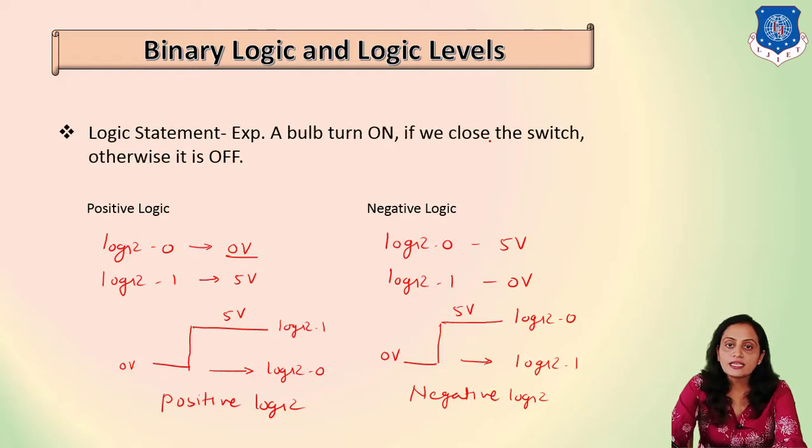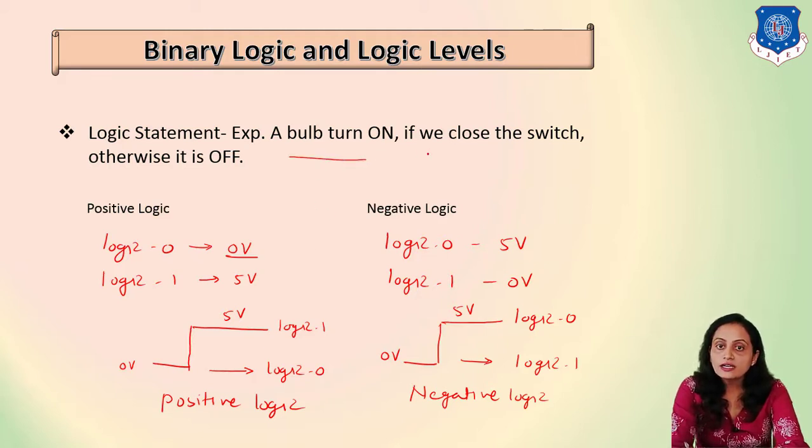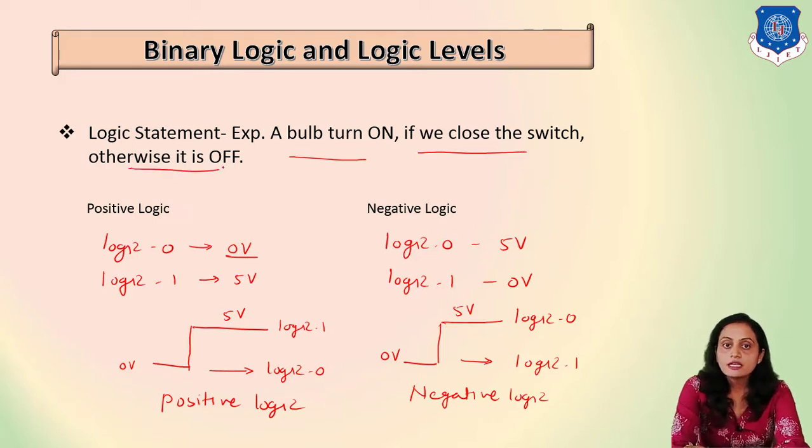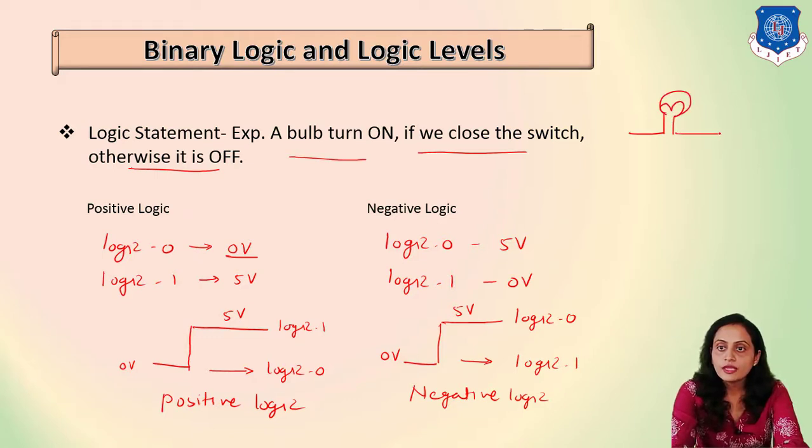Now we will take one example for the logic statement. So the example is, a bulb will turn on if we close the switch, otherwise it is off. So we have a bulb and we have a switch.